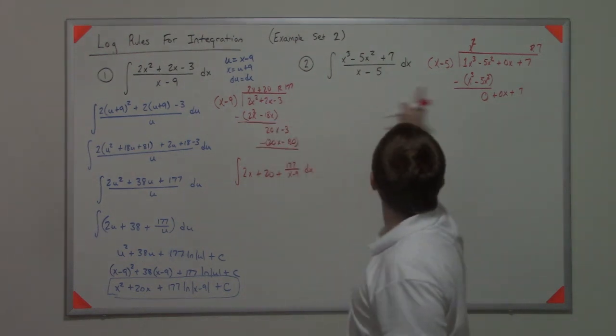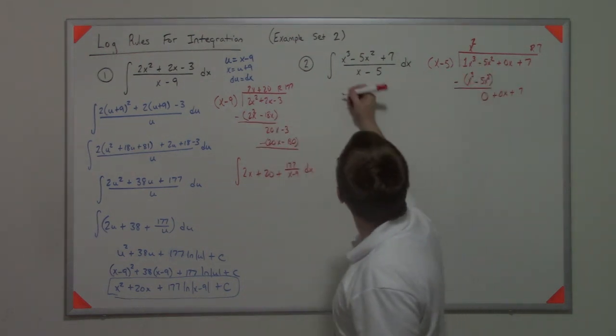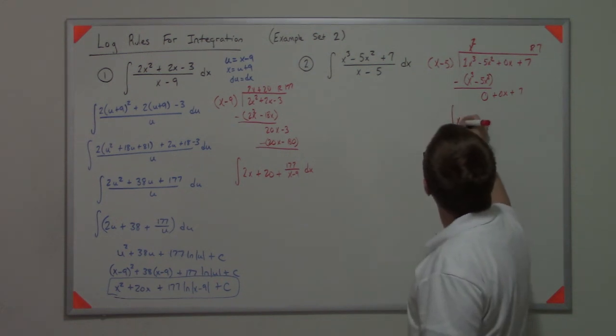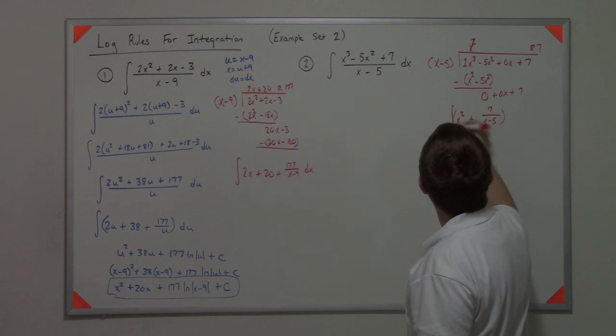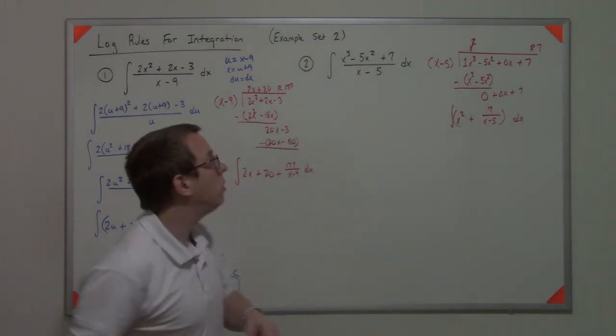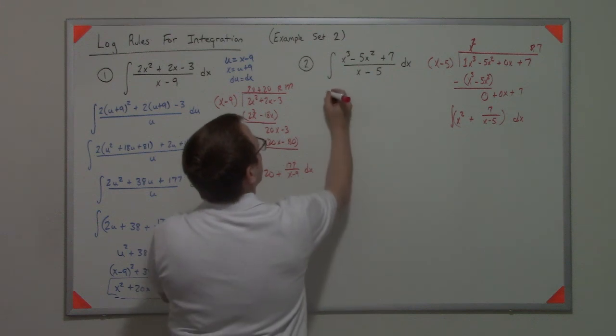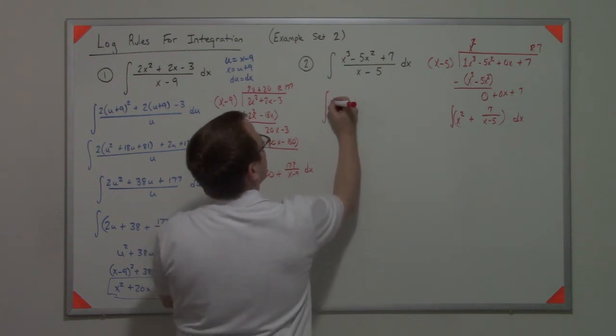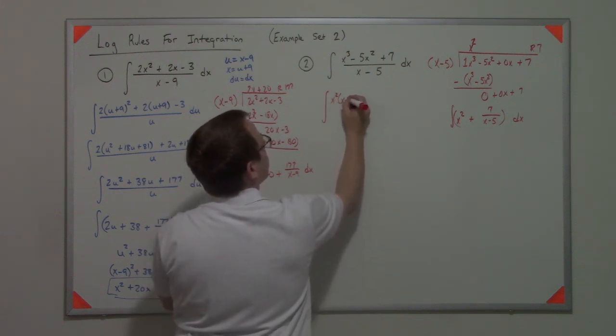For the second problem, you end up with x squared plus 7 over x minus 5 dx. That's fairly clean, but there's another way to do this.